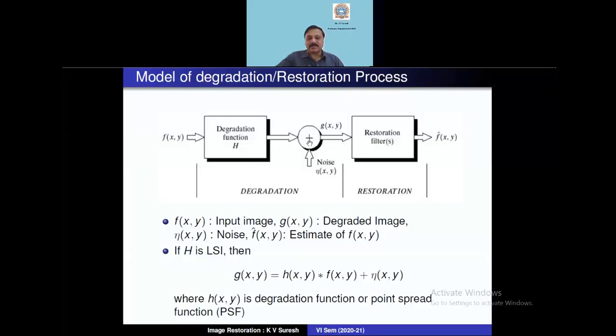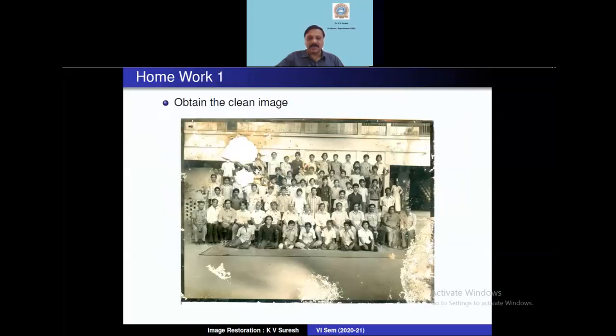This is an assumption in my model. That means I am telling you that the noise is getting added. Noise can also get multiplied, but we are making an assumption that the noise is getting added. So your g has come because of this degradation and this noise. So this is your degraded image.